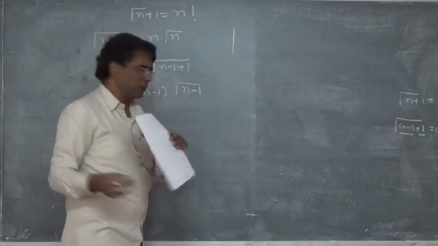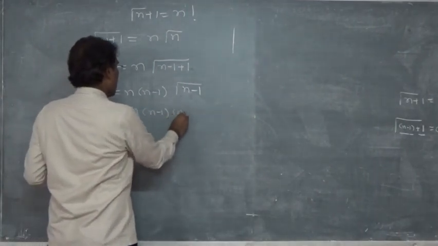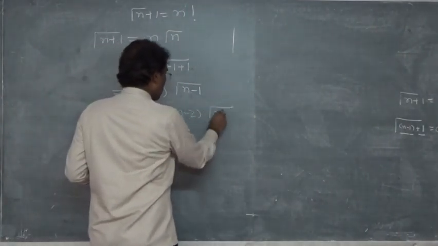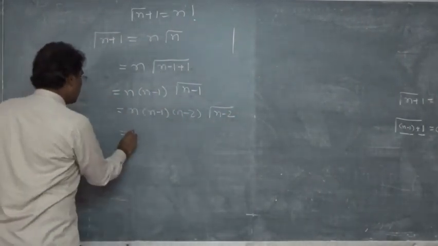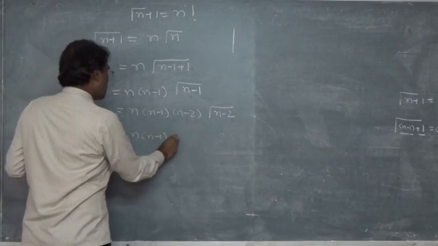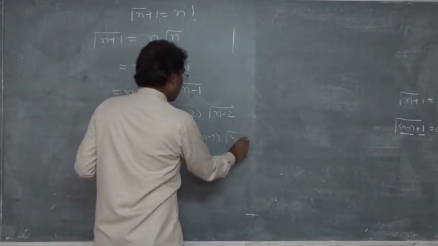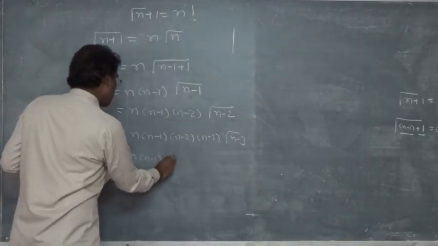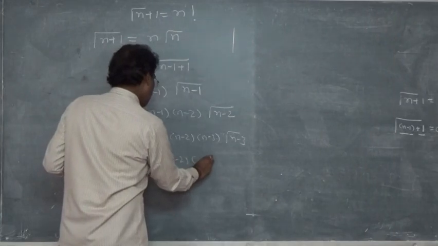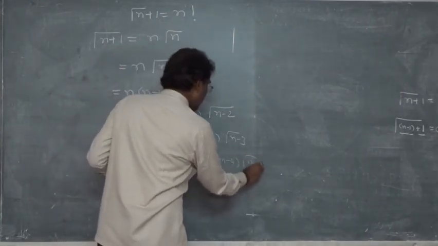So this will continue. Now this can be written as n into n minus 1 into n minus 2 gamma n minus 2. Again, this can be written as n into n minus 1 into n minus 2 into n minus 3 gamma n minus 3. Then n into n minus 1, n minus 2, n minus 3, n minus 4 gamma n minus 4.